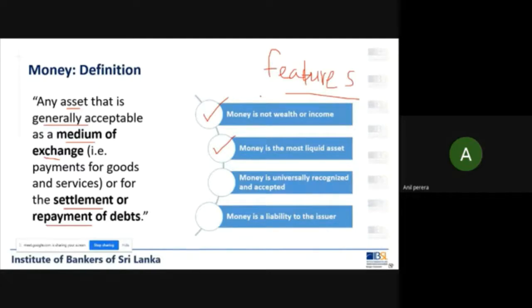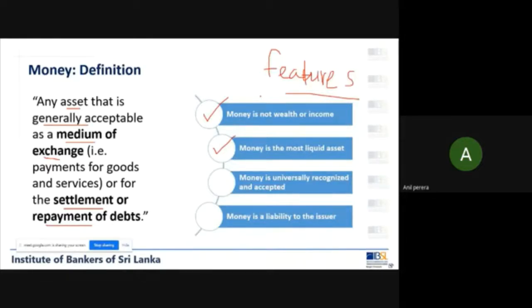Let's say you have money in the form of currency, it's very liquid. You can use it for transactions without any conversion. If you want to buy a pen or a book from the bookshop, you just give money and you buy it. No conversion.